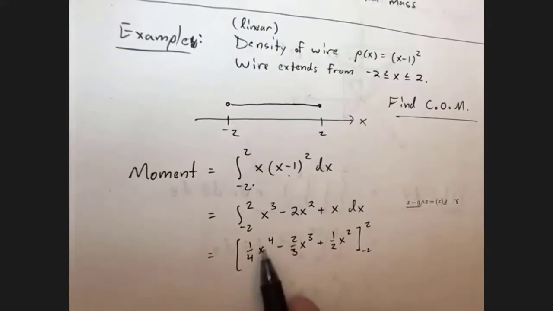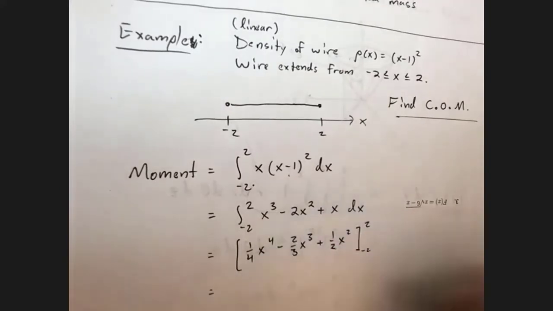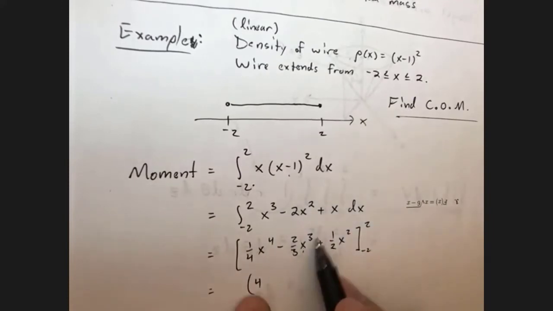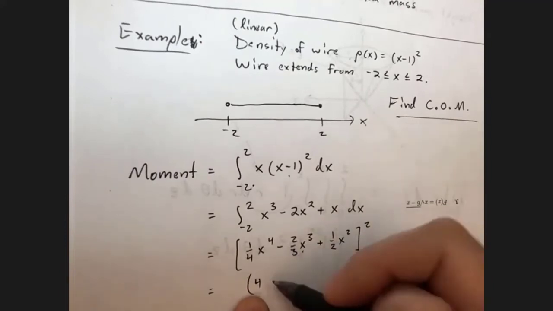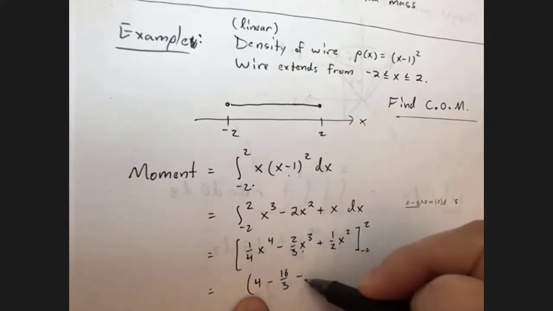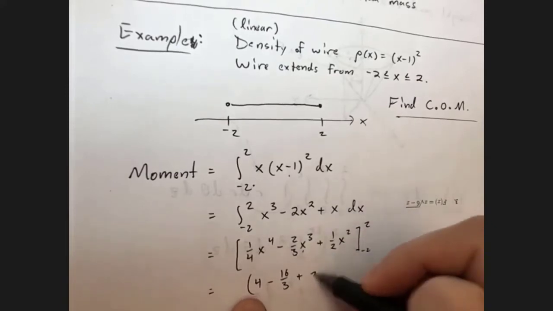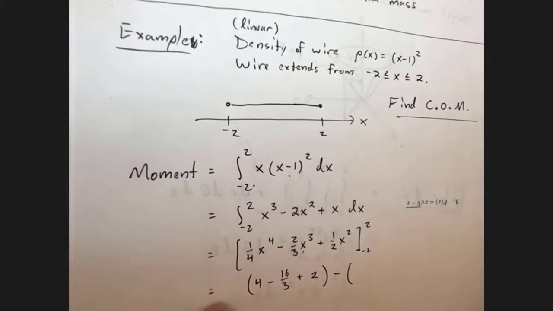2 to the 4th is 16, divided by 4 is 4. This is 8 times 2, so 2 cubed is 8 times 2 is 16 divided by 3. Then 2 squared divided by 2 is just 2. That's what I get when I plug in positive 2.